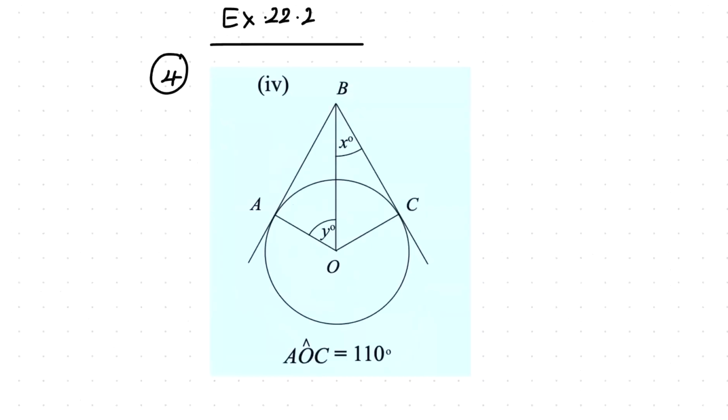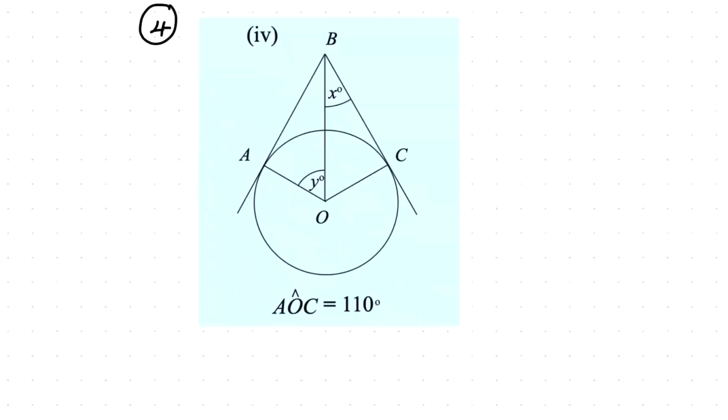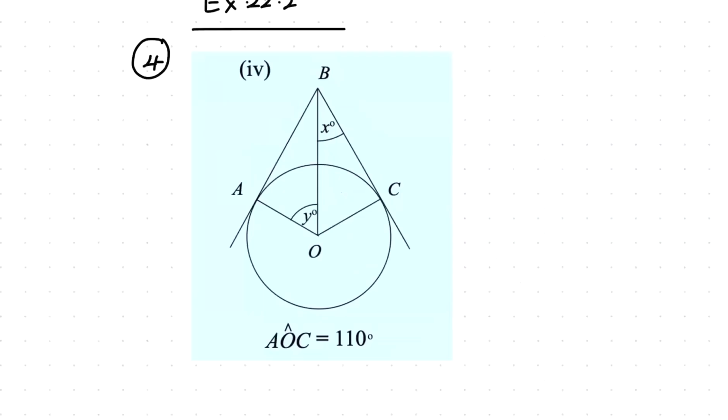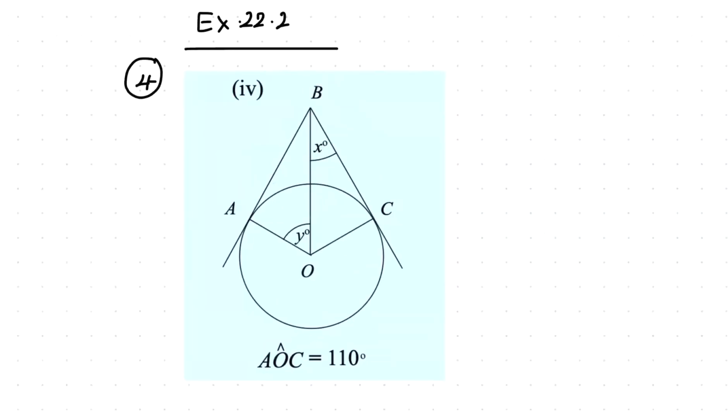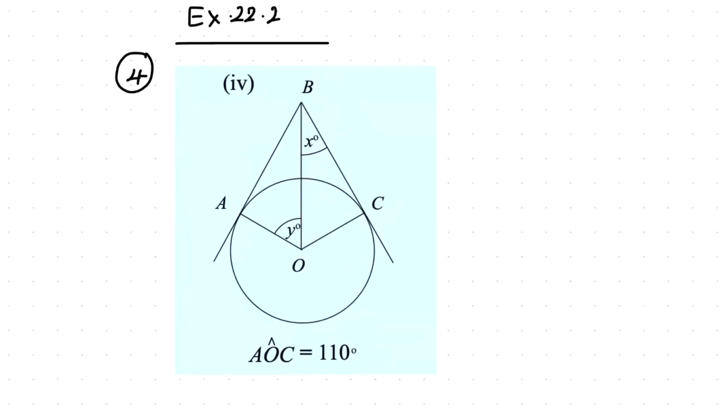Now they want us to find x and y. They have given AOC is 110. According to our theorem, we know that this is an external point.